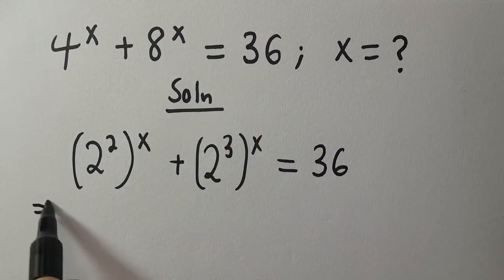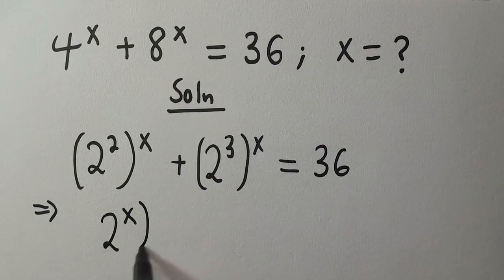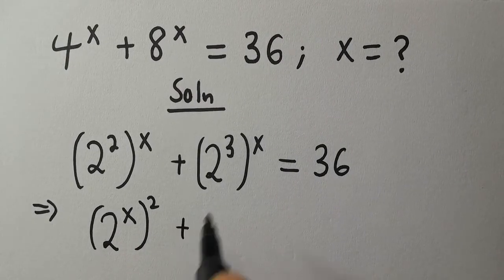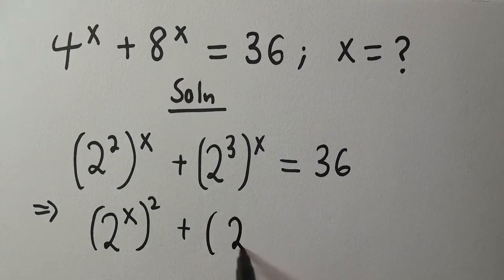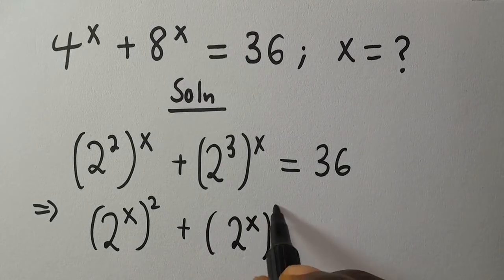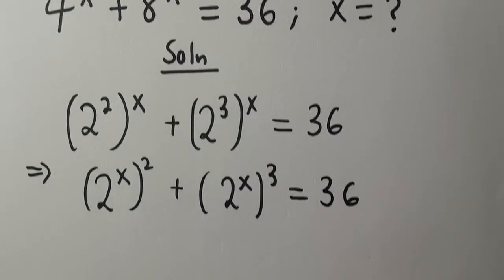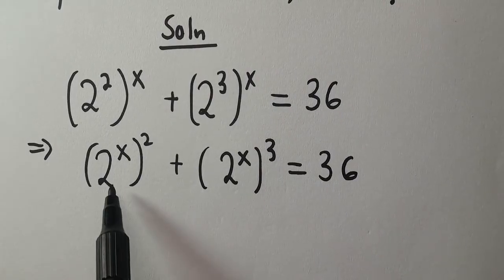Now we can interchange the powers. This implies that we have 2 to the power of x, then to the power of 2, plus, likewise, we can also interchange the power as 2 to the power of x, then to the power of 3, equals 36. Now, we have 2 to the power of x in common.